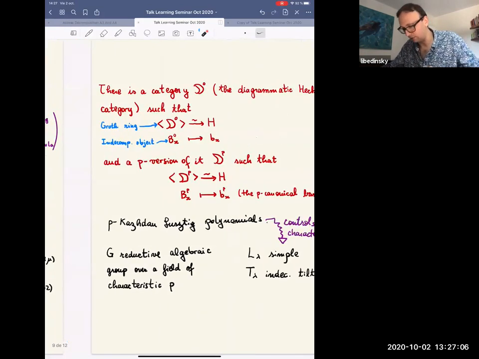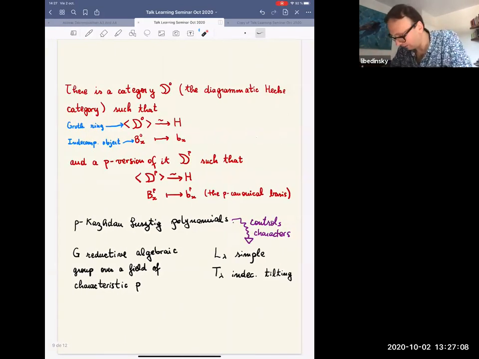I'm not stressing that enough, but the proof is very complicated, and many people participated, like Simon Riche, Pramod Achar, Ben Elias, Ivan Losev, Geordie Williamson, Makisumi, etc. Many people with beautiful and complicated papers.